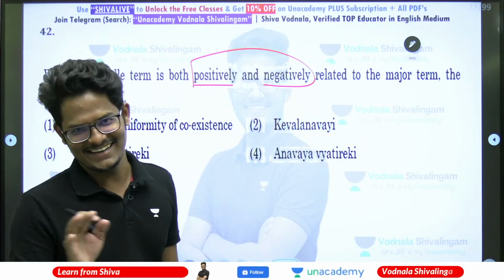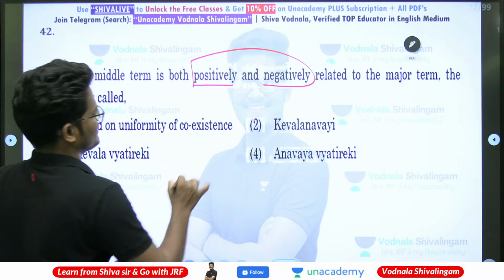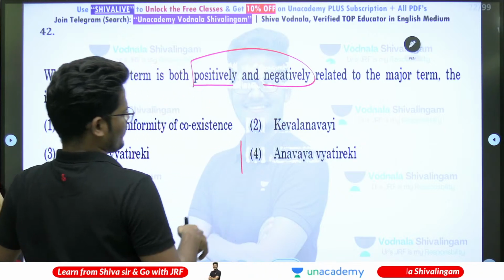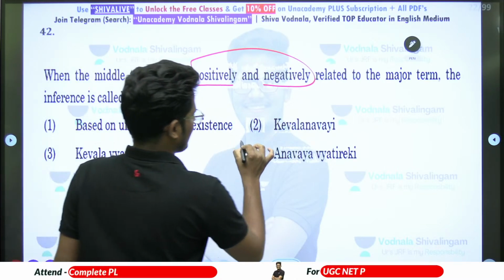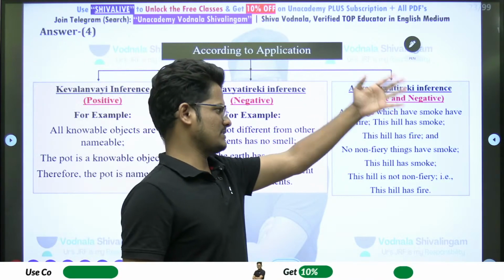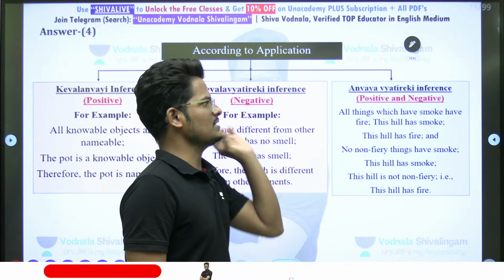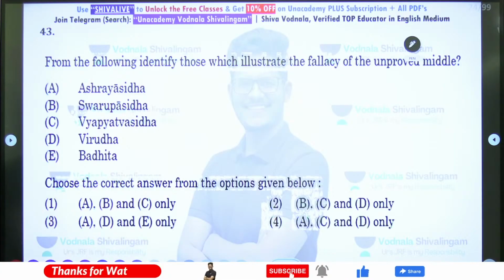If you are not getting the correct answer for this question even after explanation, then obviously you have to think. So here both positive and negative, which is Anvayi Vetareki, is the one. First positive instances, negative instances, both positive and negative put together is Anvayi Vetareki.